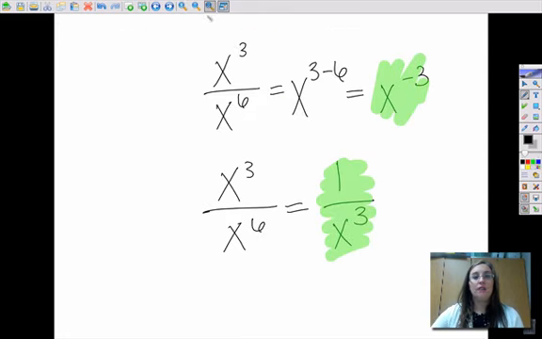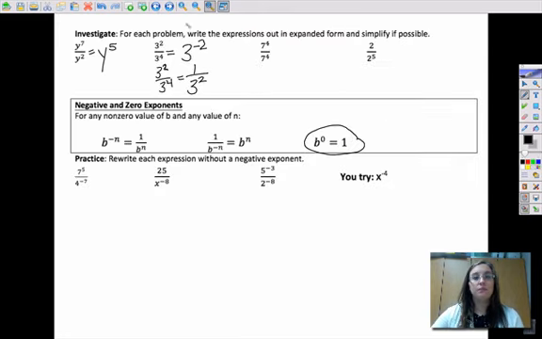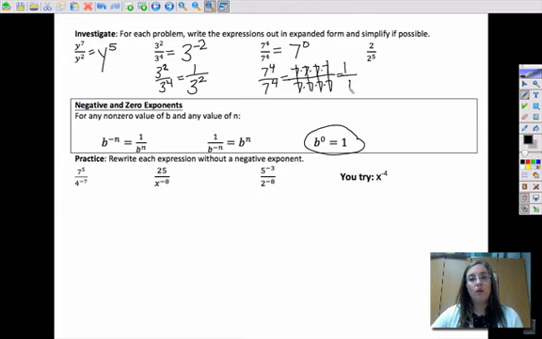So this is kind of like having 7 to the 4th divided by 7 to the 4th. Thinking about it in 2 ways, this is kind of like using our subtraction rule, 7 to the 0. Or you can think about having 4 7s in the top and the bottom, cancels everything out and leaves us 1 over 1, which equals 1.